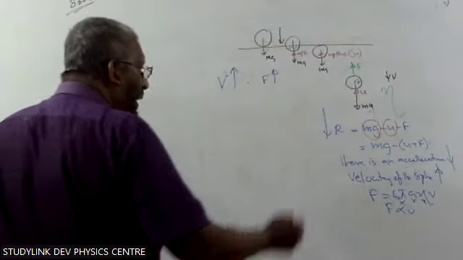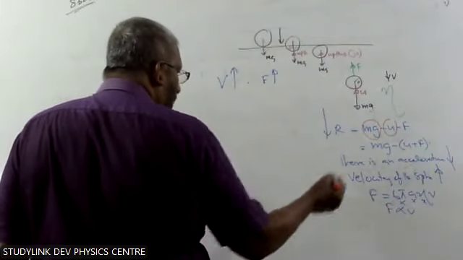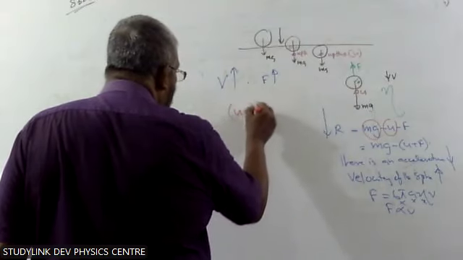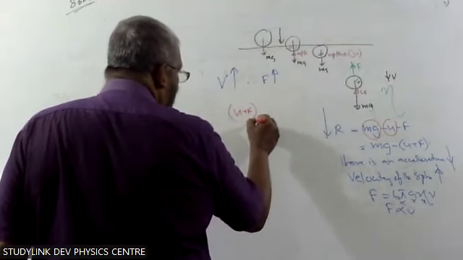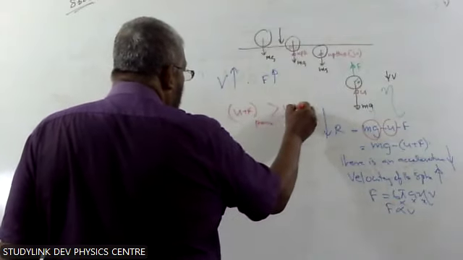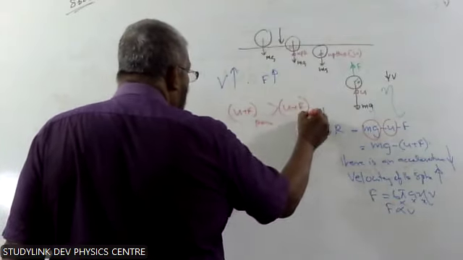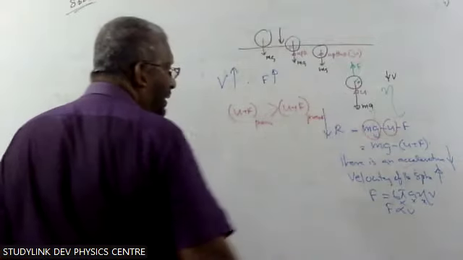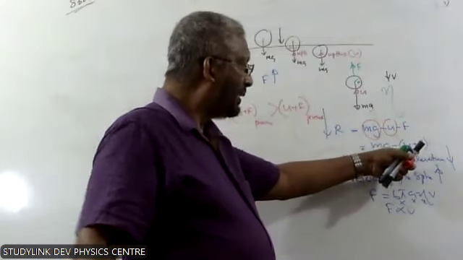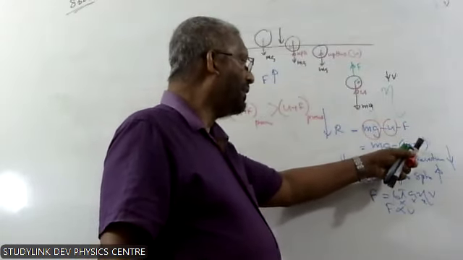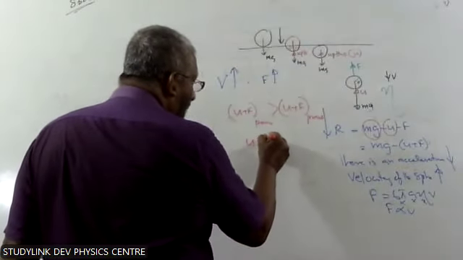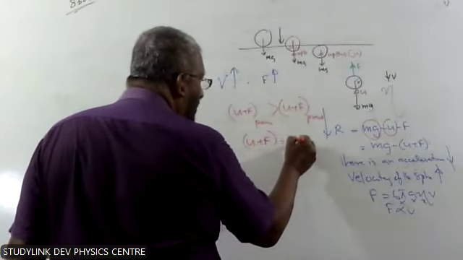Then U plus F at the present situation is greater than U plus F previously. So it increases, and there is a particular situation where U plus F is equal to mg.